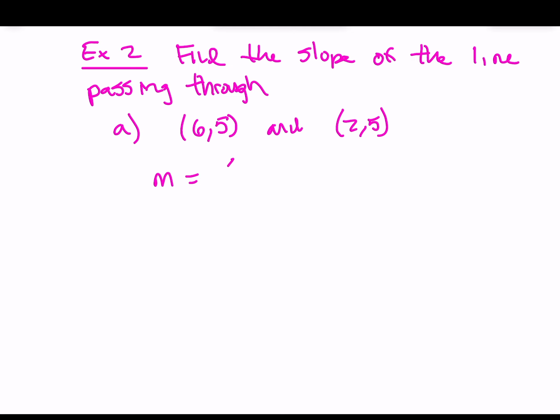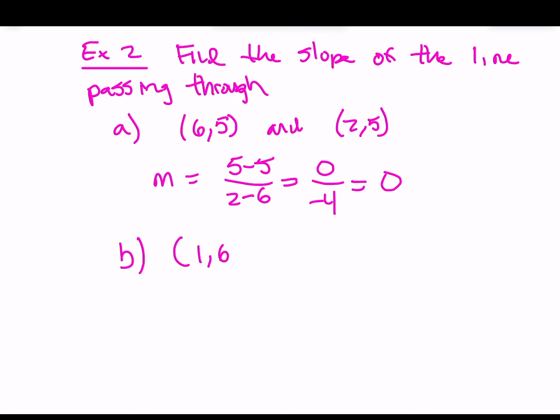Okay, so our slope m is 5 minus 5 over 2 minus 6. Well, 5 minus 5 is 0. 2 minus 6 is negative 4. 0 over negative 4 is just 0. So we have 0 slope. That means that we have a horizontal line in this case.